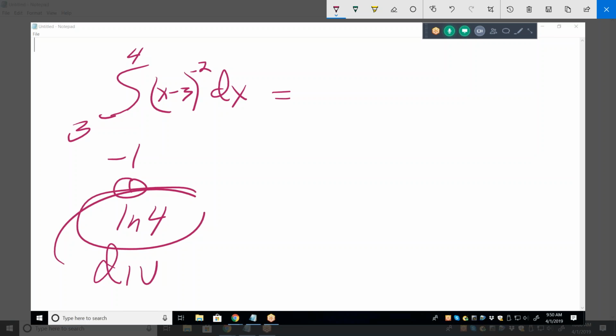Maybe they meant for you to figure it out the way we just figured it out. In other words, maybe they meant for you to draw it. We know the area is not -1 here because when we drew it, it was clearly above the x-axis. It's clearly not 0. And it's clearly not that.